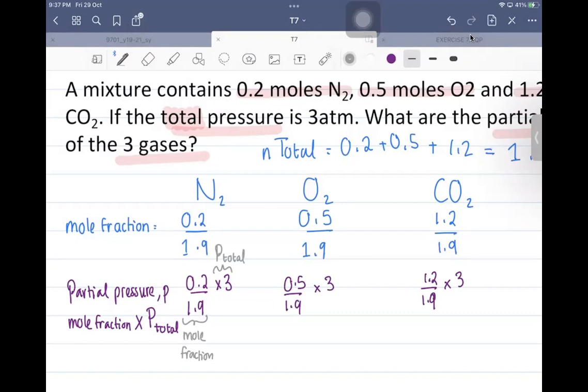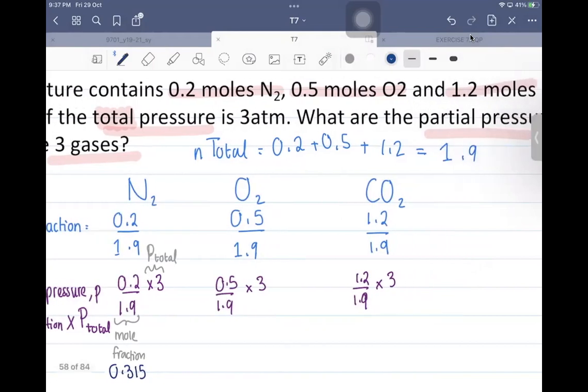You should get 0.315. Now your question is, what is the unit of partial pressure? The same unit as given in the question.